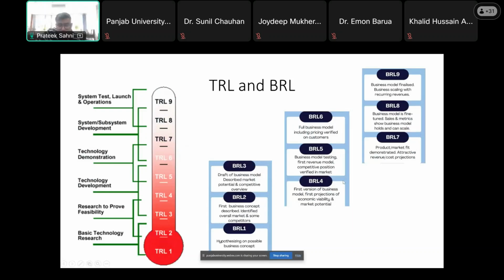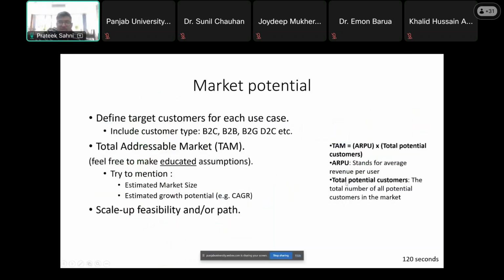The next segment of your presentation deals with market. You need to target the customers for each use case, perhaps including the customer type and the business strategy that might be employed to reach that customer base.